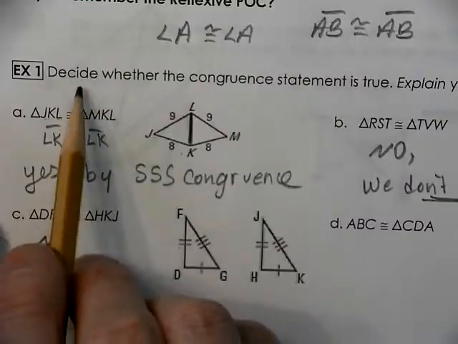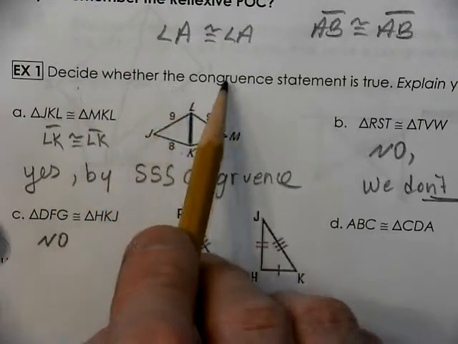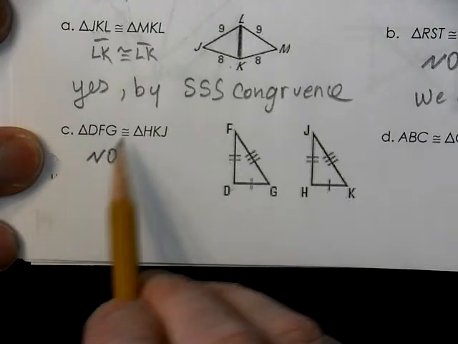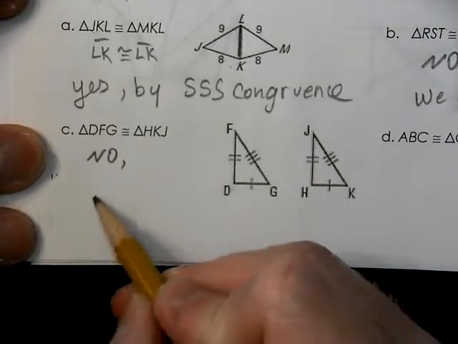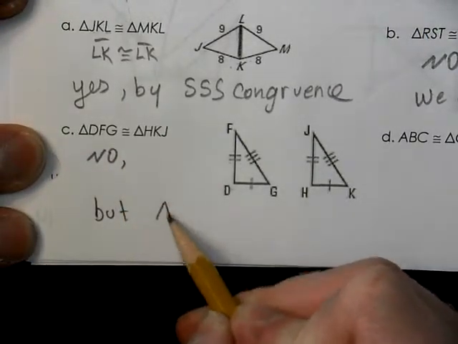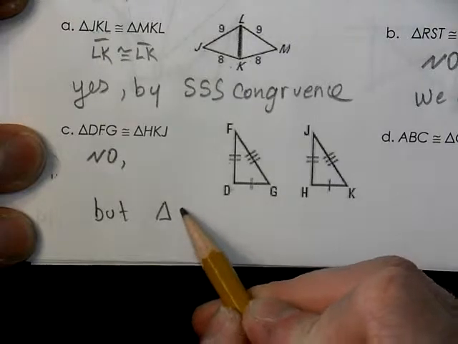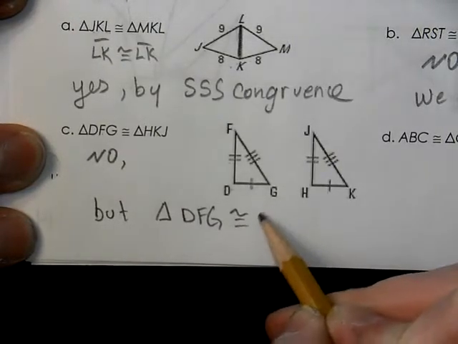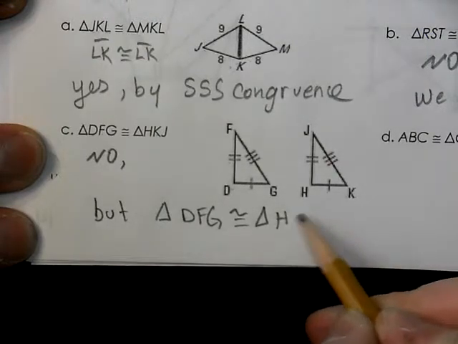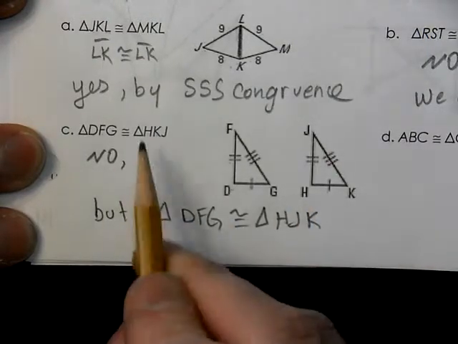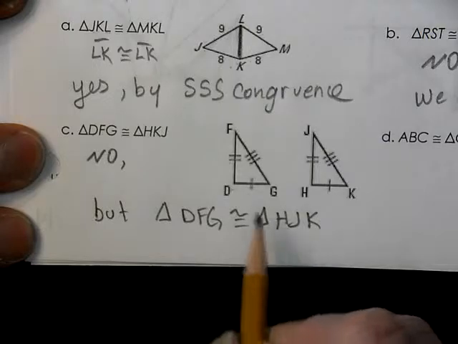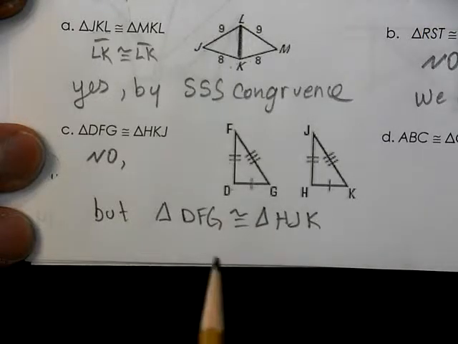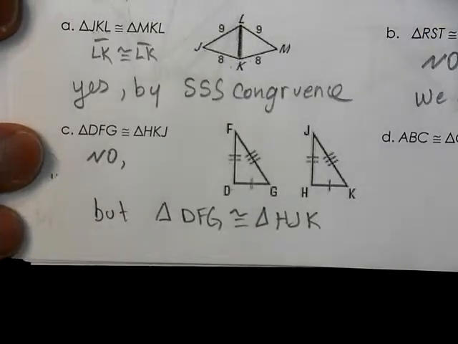Remember the directions. Decide whether the congruent statement is true. It is not true, but triangle DFG would be congruent to triangle HJK. Notice the order was incorrect. The order matters.